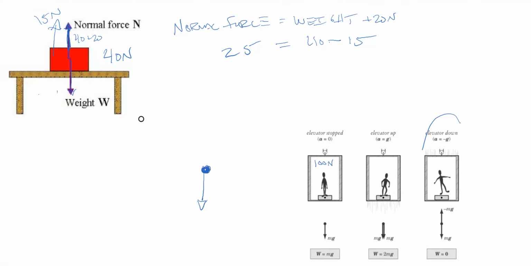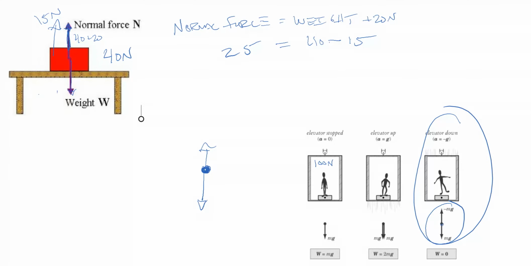Now we're going to look at this situation over here. If he is accelerating upward, he has an upward acceleration. Down here, if he's the little ball in the middle, there's an upward force and a downward force due to gravity.